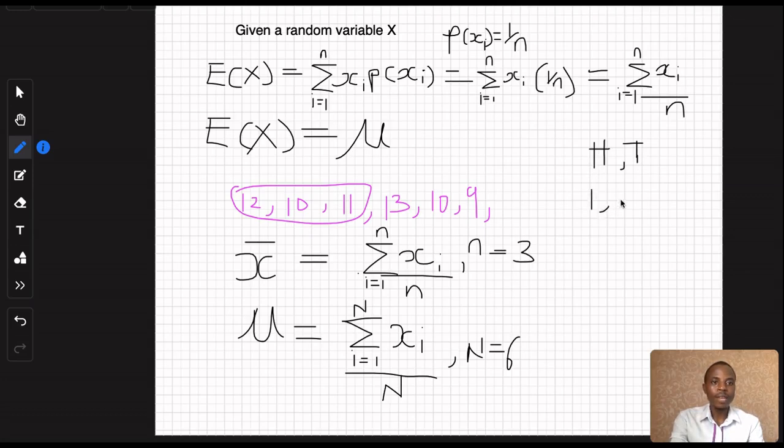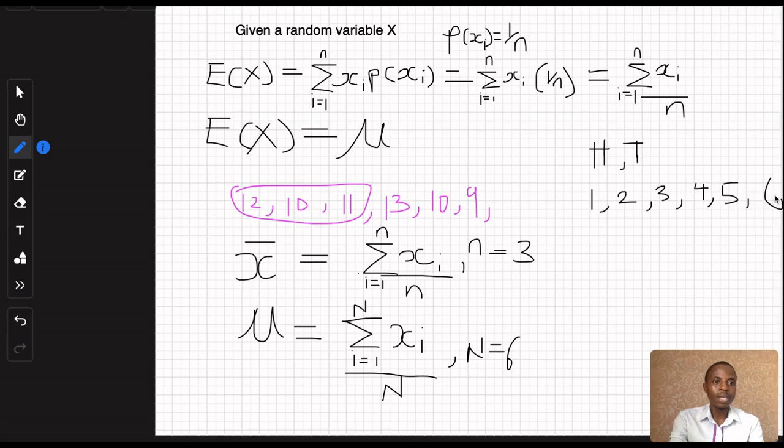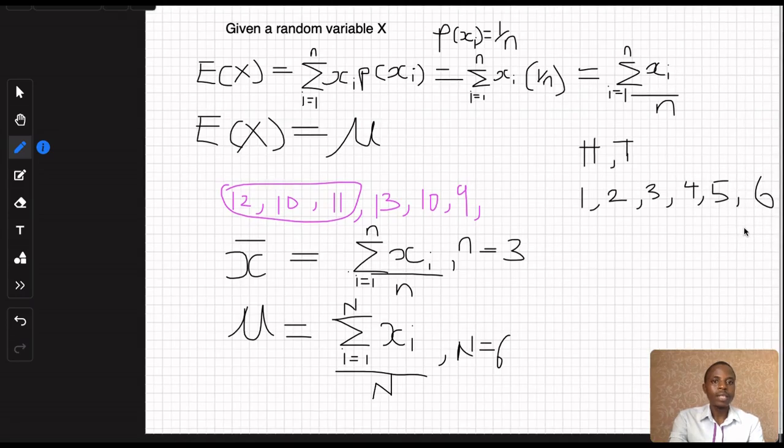And for a fair die tossed once, the probability is going to be 1 over 6 for each outcome. That's another thing you need to take note of. So in this case, P of xi is going to be 1 over 6, but in the other case, it will be 1 over 2.